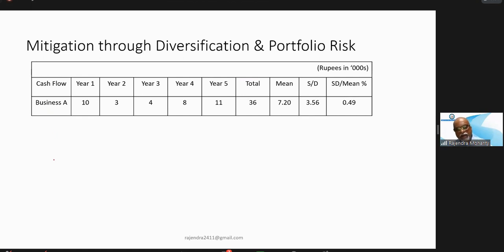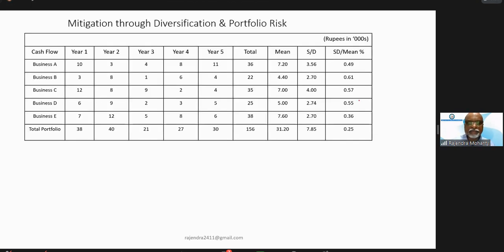Now for diversification, what Mr. X does is start another 3 or 4 businesses. He is doing a single business here. He starts another 3 or 4 businesses together. And for all 4 or 5 businesses he has started, we can see the 5 years net cash flow. We will find out the standard deviation. We will find out the standard deviation to mean ratio or mean percentage.